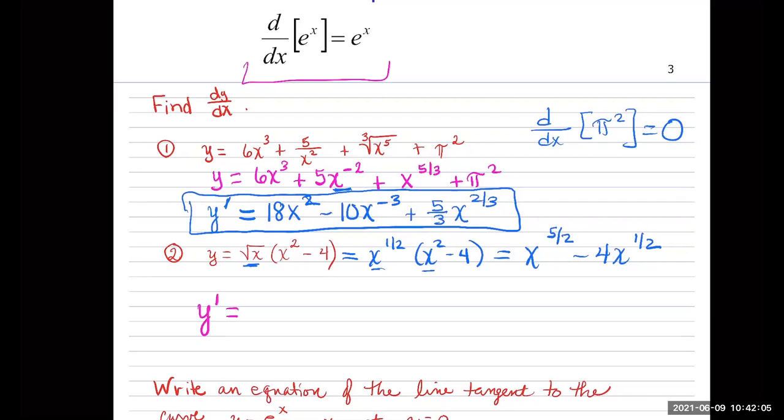Now we're going to take the derivative using the power rule. So x to the 5/2, we bring the 5/2 down. We subtract 1.